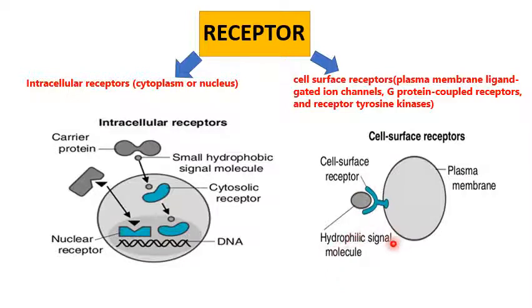The hydrophilic signal molecules which are binding to these receptors cannot enter inside the cell because of their hydrophilic nature, and the cell surface receptor can take only the hydrophilic signal molecules, like G protein coupled receptors and tyrosine kinase receptor can be taken up by the cell surface receptor.